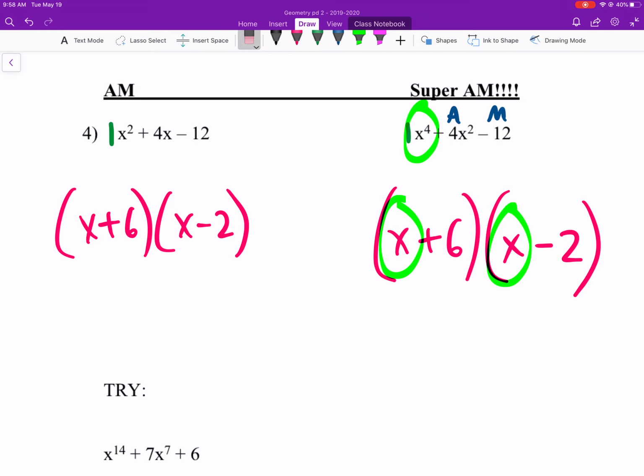We have to think, what times itself, what times what is going to give me x to the 4th power? Because x times x gives me x squared. That's not good enough. We need x to the 4th power. So once again, think about that. If you didn't answer that in your head right now, what do I multiply? What times what gives me x to the 4th? The answer is x squared.